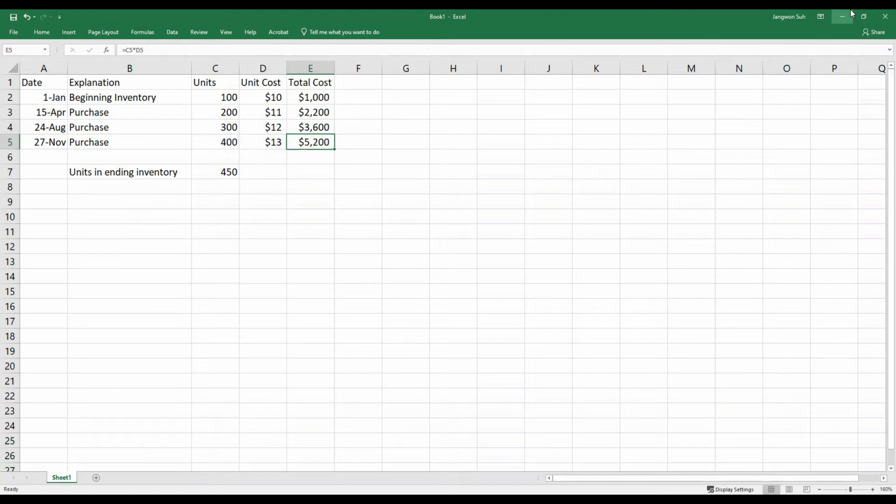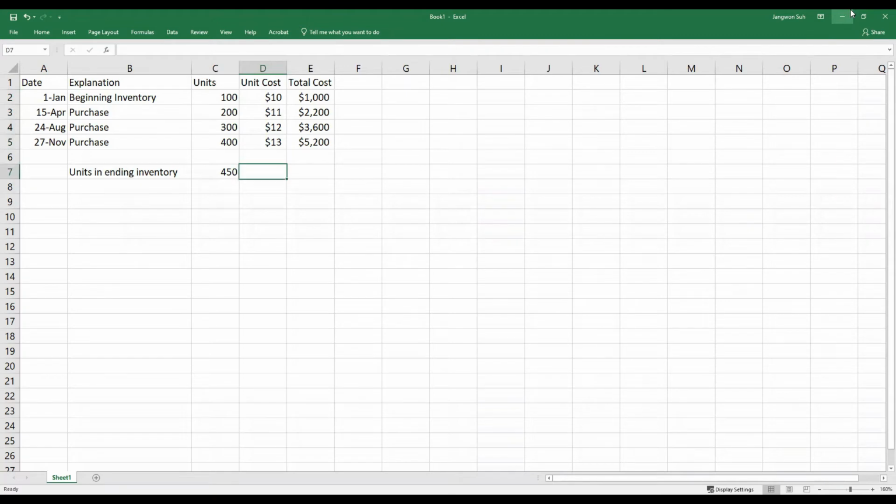Okay, and again, the maintained assumption is all of them are identical to each other. You cannot distinguish these 400s that you bought at 13 from those that you bought last year at 10. They are identical.